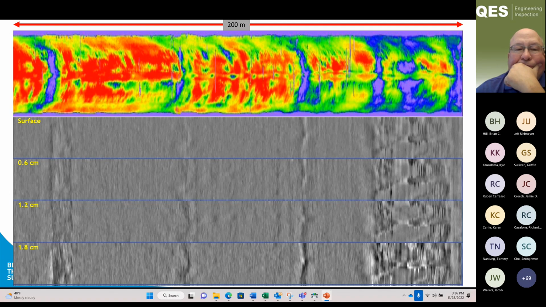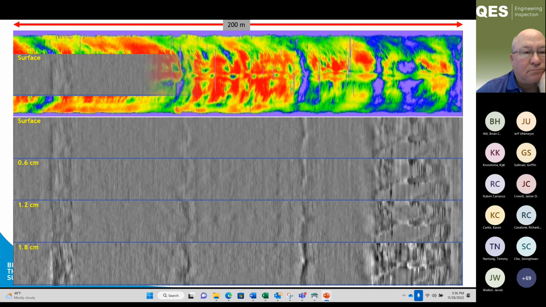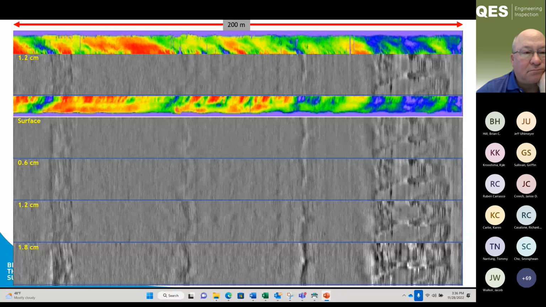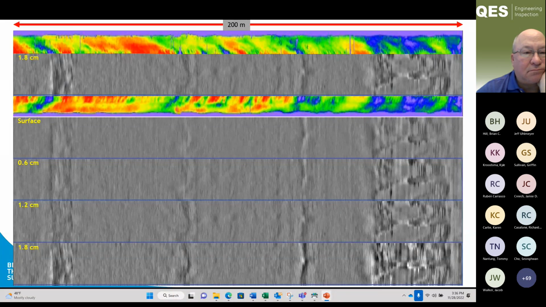So thermal camera data is on the top, where you see these blue ones, which are cold, about 100 Celsius degrees paving temperatures, and then over there you see the time slices on the 3D GPR data, starting from the surface, going to 6 millimeter, 1.2 centimeter, 1.8 centimeter. And if you, Steve, click a little bit many times, you start to see here also, this is automated, so it shows how it goes deeper.